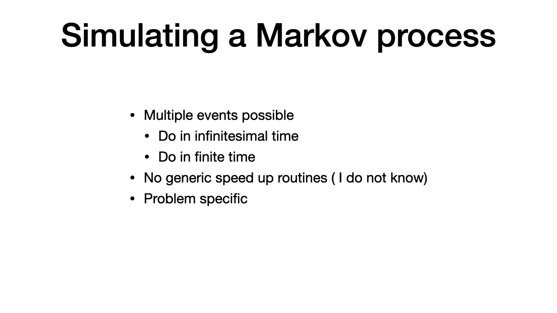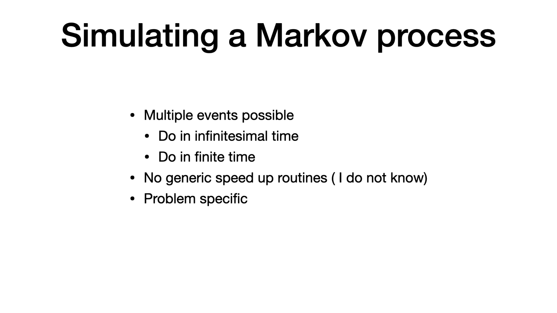Now, how to simulate a Markov process. I already told you how to generate random numbers, waiting times and so on. So there is nothing more you can do beyond that. Often you are faced with multiple events possible at any point of time, because you are in configuration Cj, you can go to 10 configurations, and all of them at different probabilities and rates.